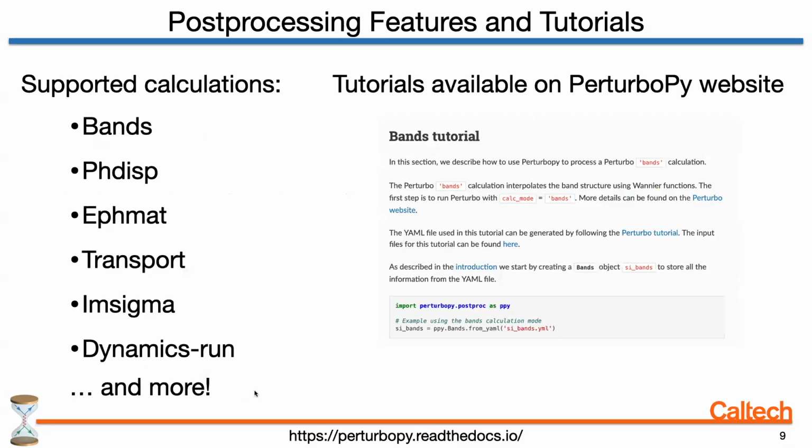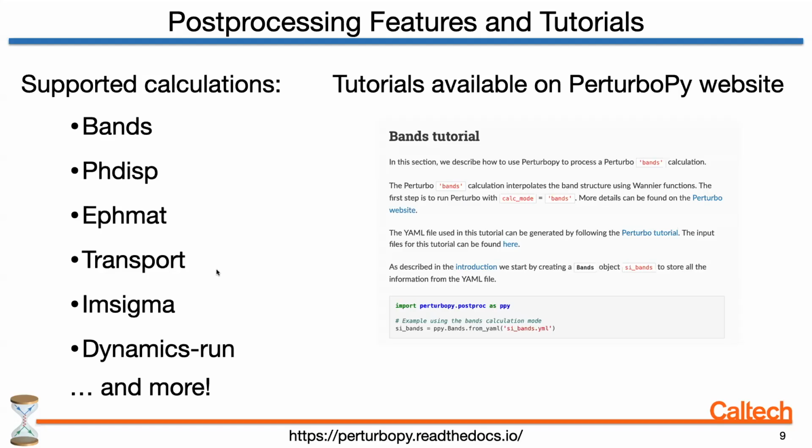There are many supported calculations, and we are continuing to update PerturboPy as we update Perturbo. Some of the supported calculations are bands, phonon dispersion, FMAT or electron-phonon matrices, transport, imaginary self-energy, dynamics run, and more. There are a lot of in-depth tutorials on the PerturboPy website, which we will go through towards the end of this talk.